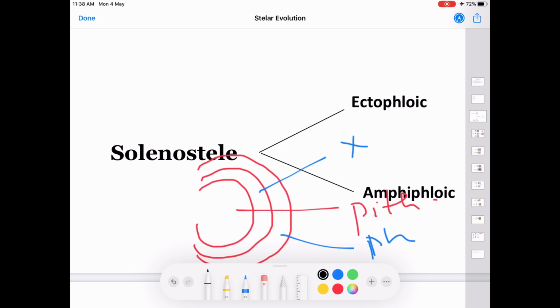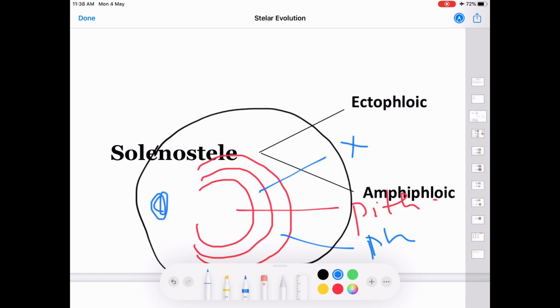Here, there will be a leaf gap and a leaf trace. This is the leaf trace and this area is the leaf gap. This type of stele is known as solenostele, that is a siphonostele with a leaf gap and a corresponding leaf trace.